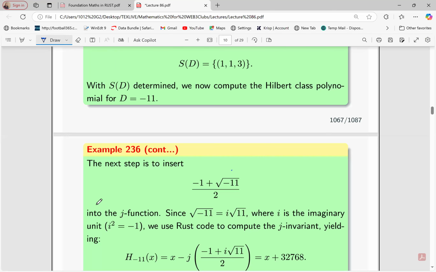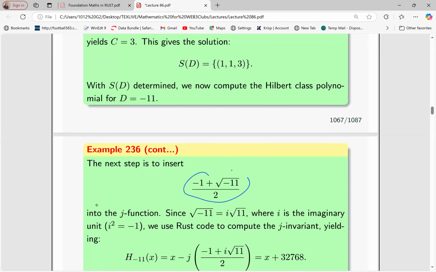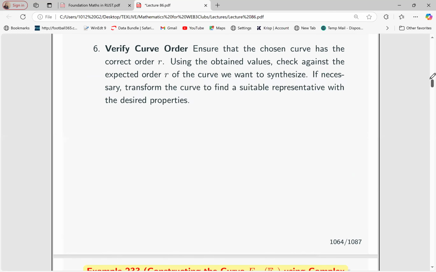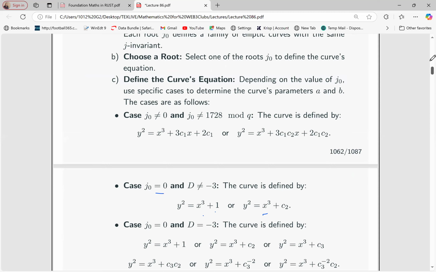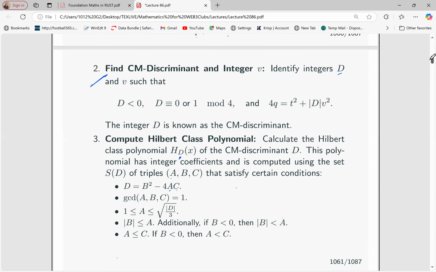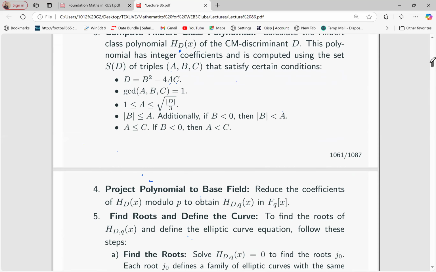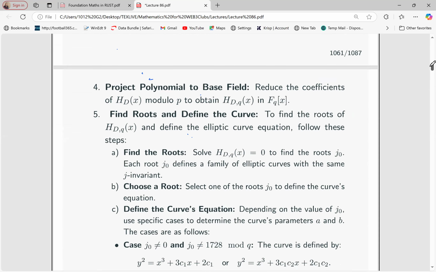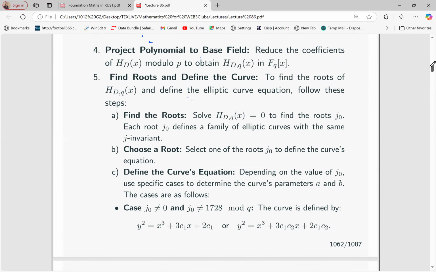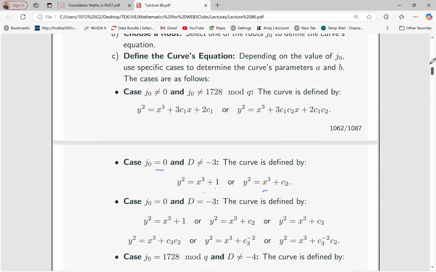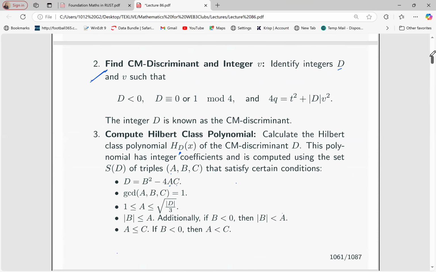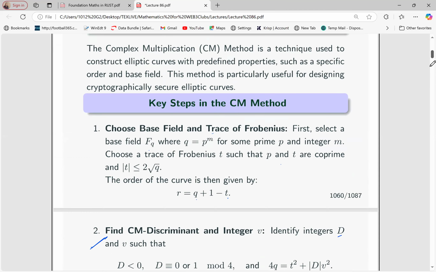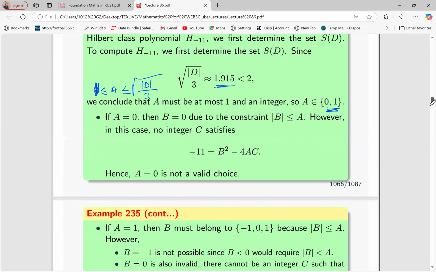So in our case, this is what we do. This formula, I included in the previous notes, so I did not include it here. It's a formula for getting the polynomial. I included it in the last lesson.